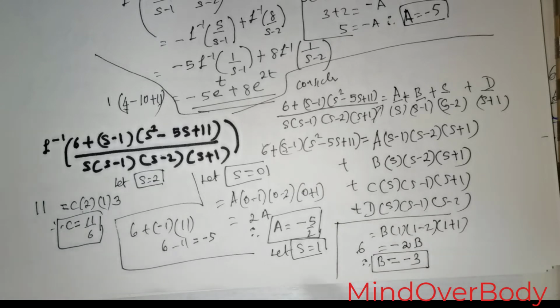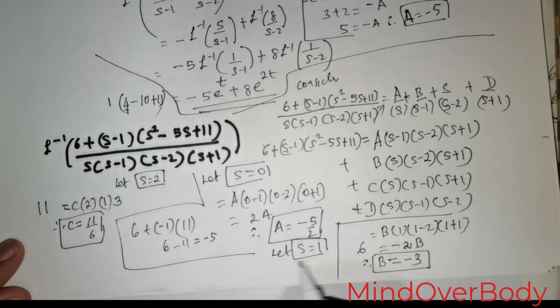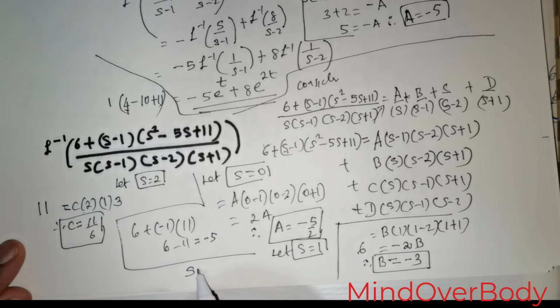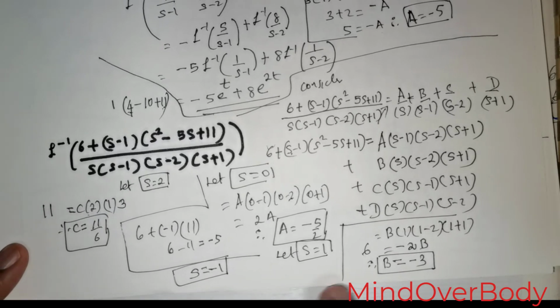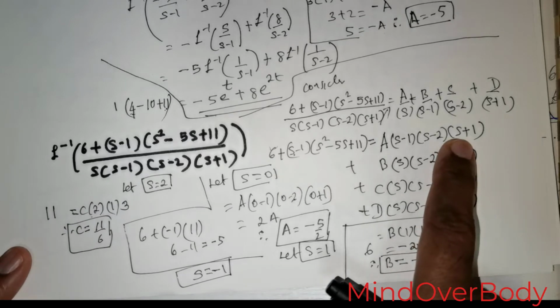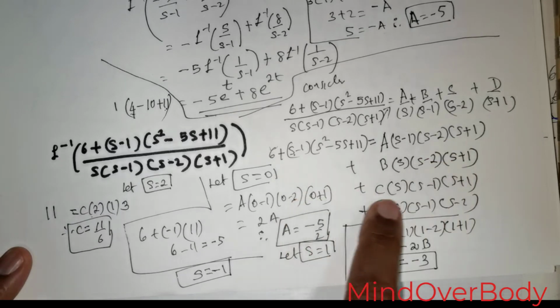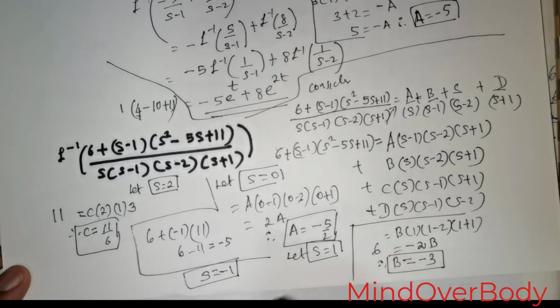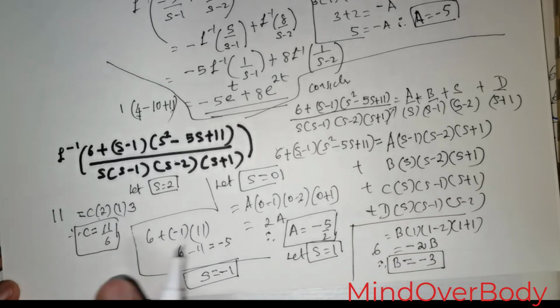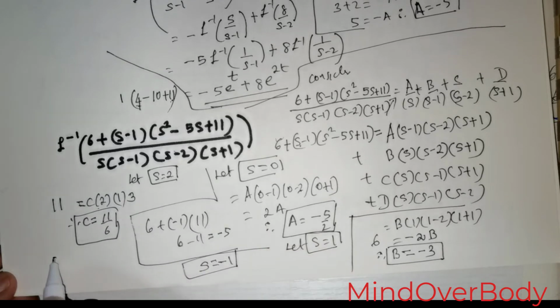Okay, the best thing to do is substitute s is equal to -1. If I were to take s is equal to -1, then this will vanish, this will vanish, this will vanish, and all that we have is only d.